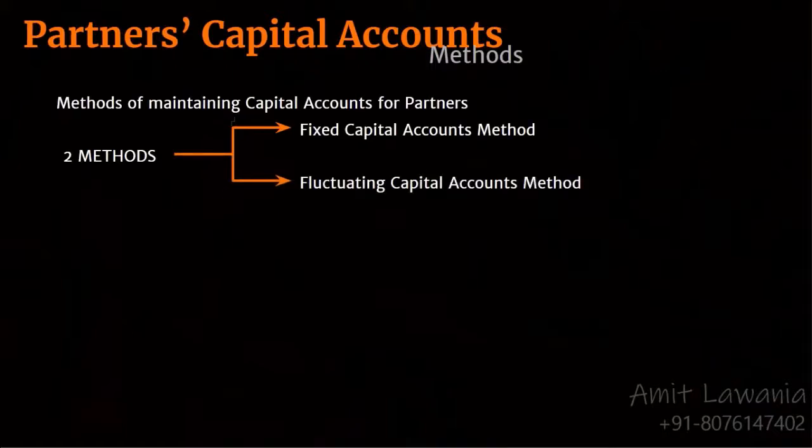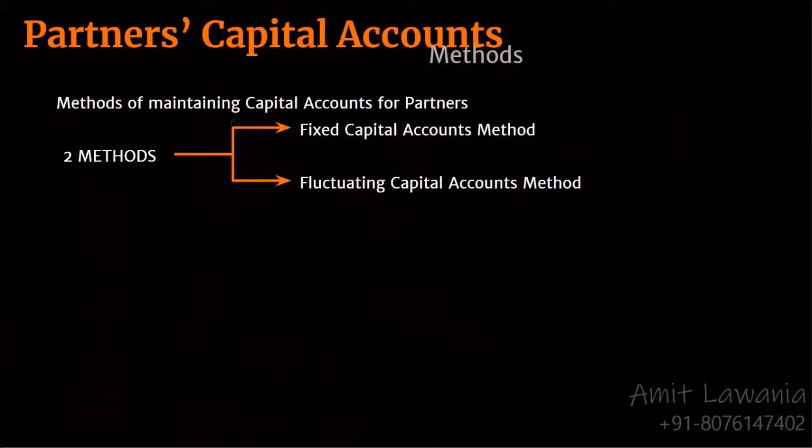Now, as the name suggests, the basic difference between the two methods is that in the fixed capital account method, which is the first one I mentioned, the amount of capital does not change. In this method, a separate account, which is called current account, is maintained for each partner, and all the transactions are recorded in that account.